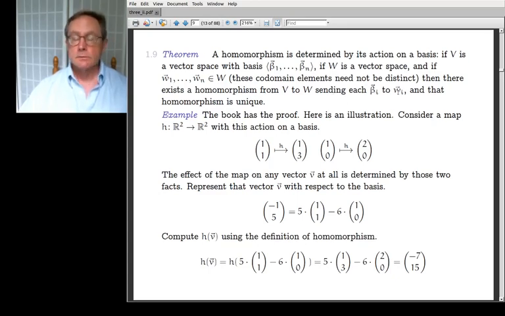There is one. You can't go wrong. If you say to yourself, I want to send beta 1 here, and I want to send beta 2 here, you can't go wrong. Guaranteed there's going to be a homomorphism that does that, and furthermore, that homomorphism is unique.